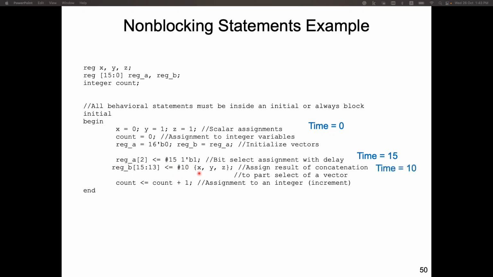So this line is executed at time equal to 10. If you compare this to the previous example, the simulation time there is 25. In the previous blocking assignment, the execution time accumulates, but in these non-blocking statements, the execution times are not cumulative.